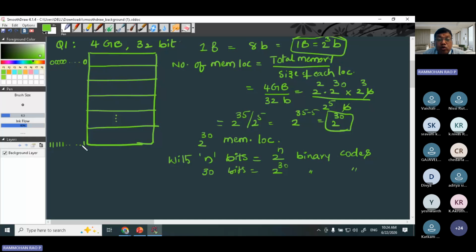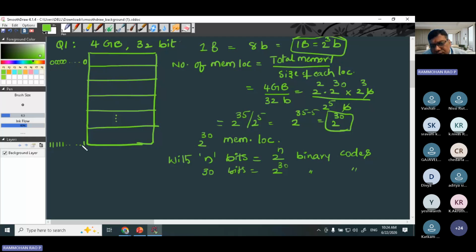If I use a 30-bit binary code, I'll get 2 power 30 different combinations. Is it clear why I'm using a 30-bit binary address?